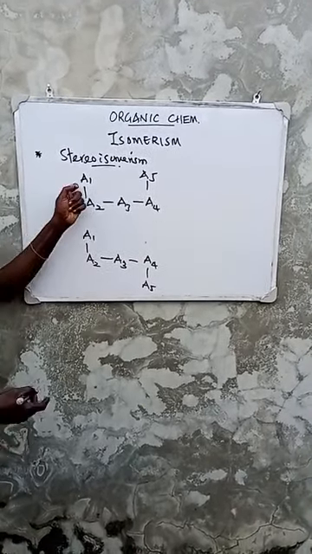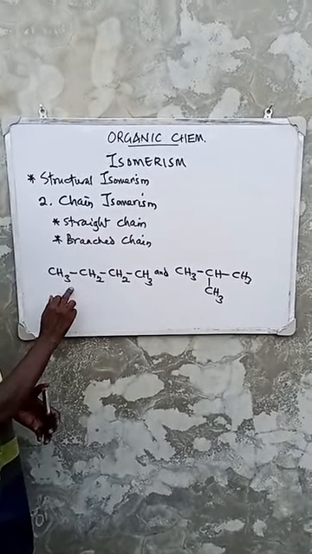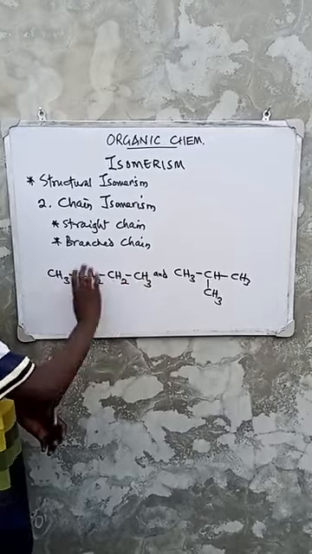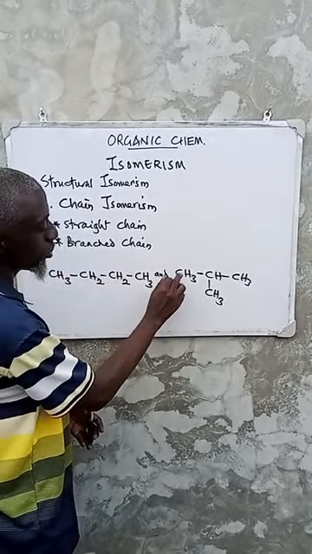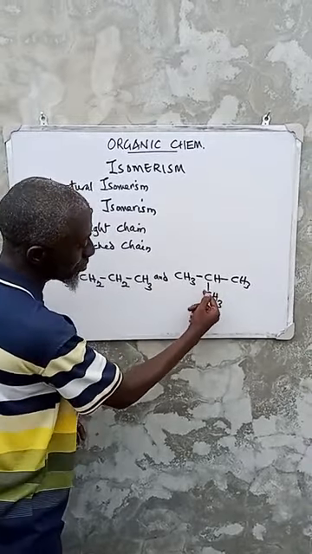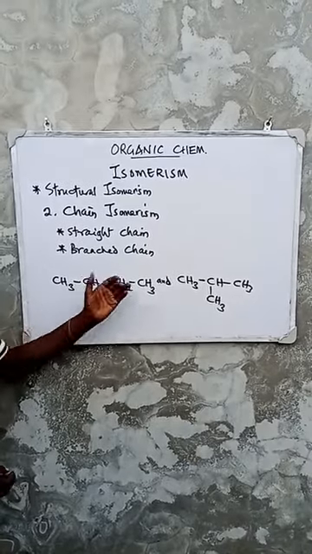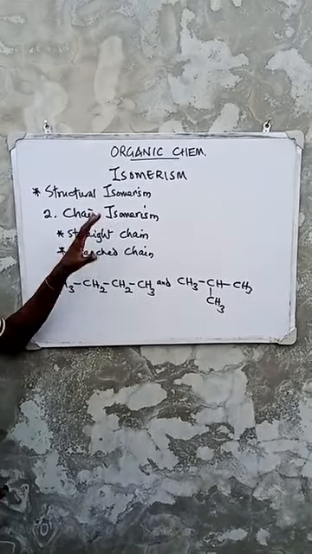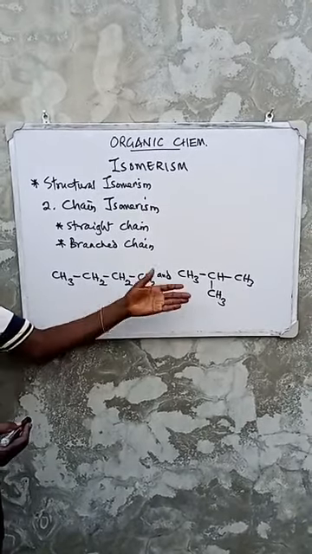But as we counted, this one is a straight chain, 1, 2, 3, 4 in a straight form. And for this one, 1, 2, 3, and there is a branch here, so we call it a branched chain. So these two types are called chain isomers. Chain isomers can be straight chain or branched chain.